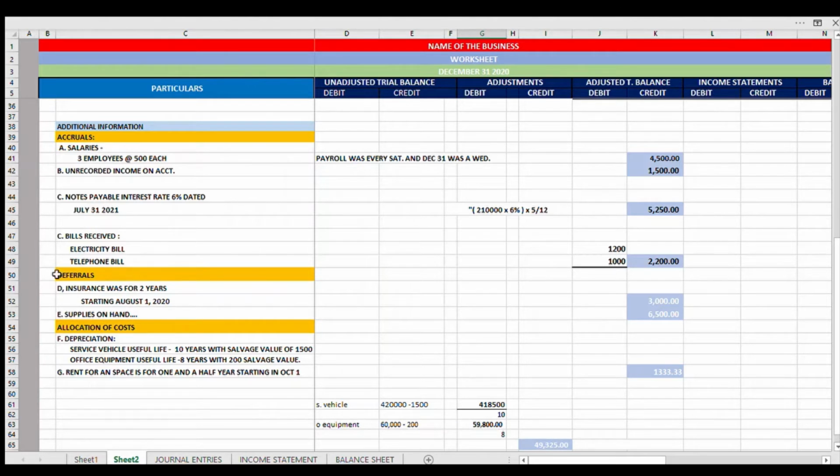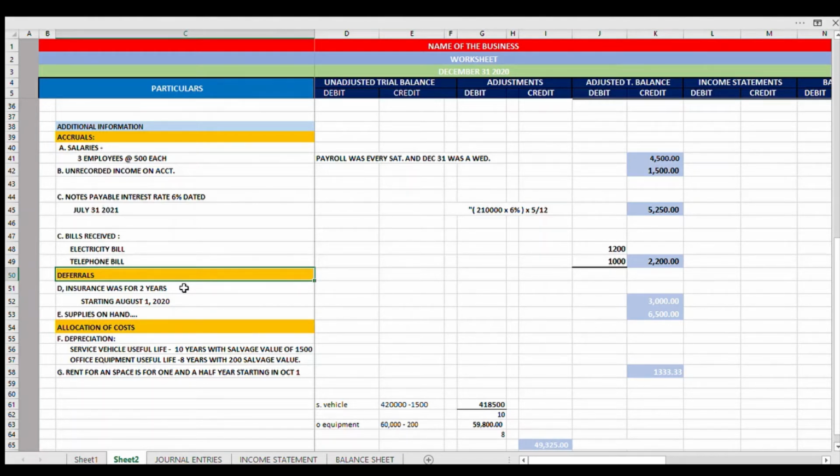The next one, we will now go to the deferrals. Deferrals now, it will mean that all prepayments made during the period will now be adjusted through passage of time or through the process of earning or consuming.